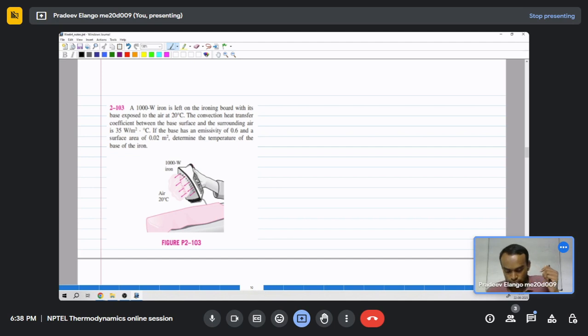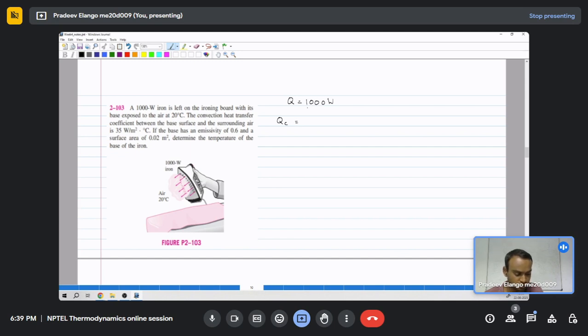So we have two modes of heat transfer occurring from the iron base. But the total heat is known as 1000 watts. So Q by convection and Q by radiation.